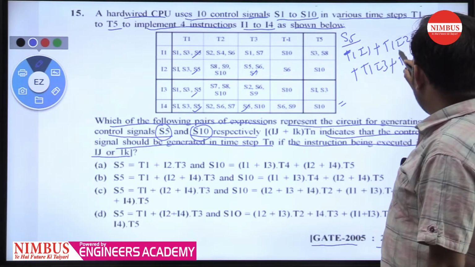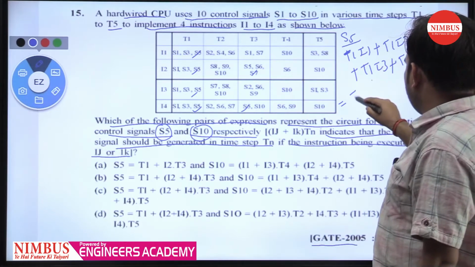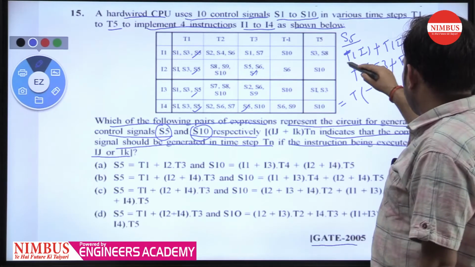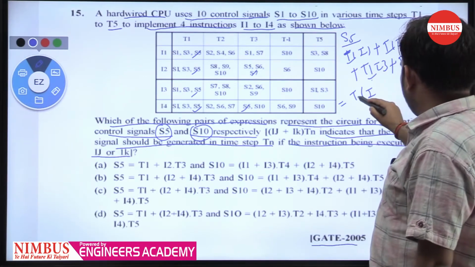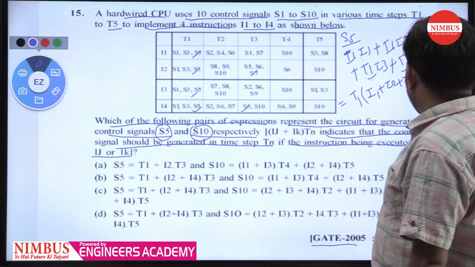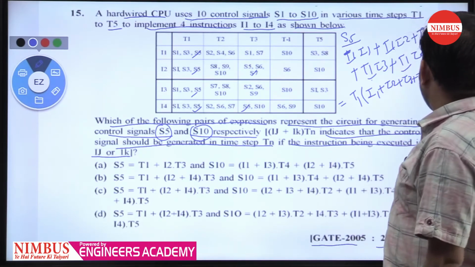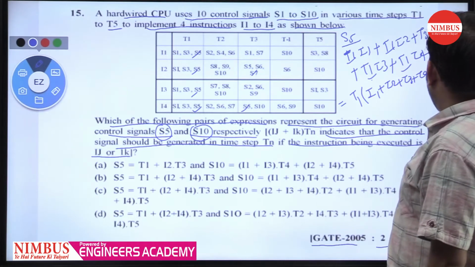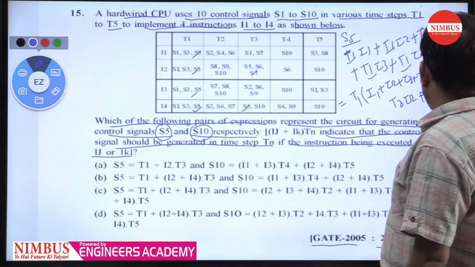T1 is there in all, so we can take T1 common. What remains is I1 plus I2 plus I3 plus I4, plus T3 I2 plus T3 I4.